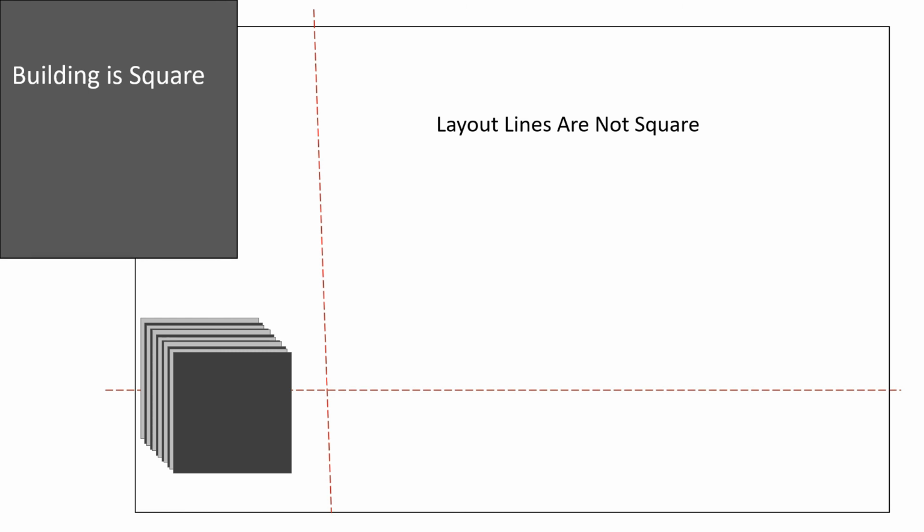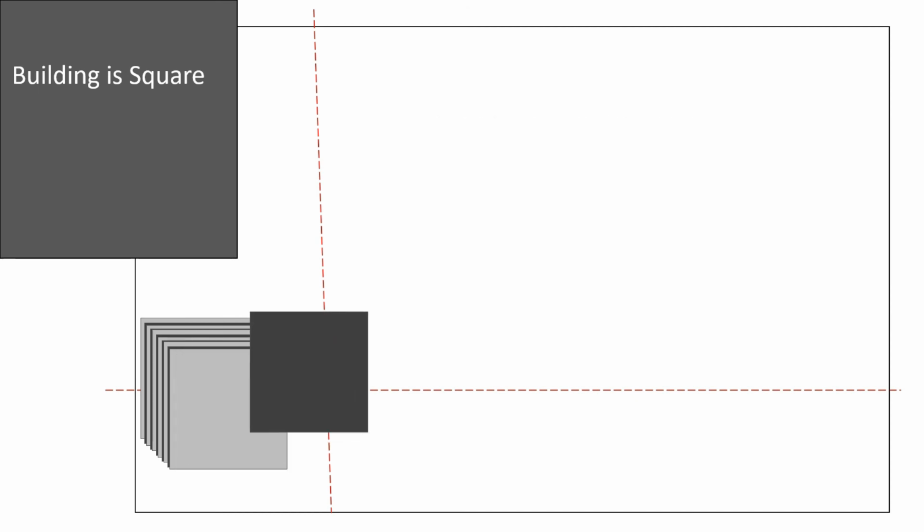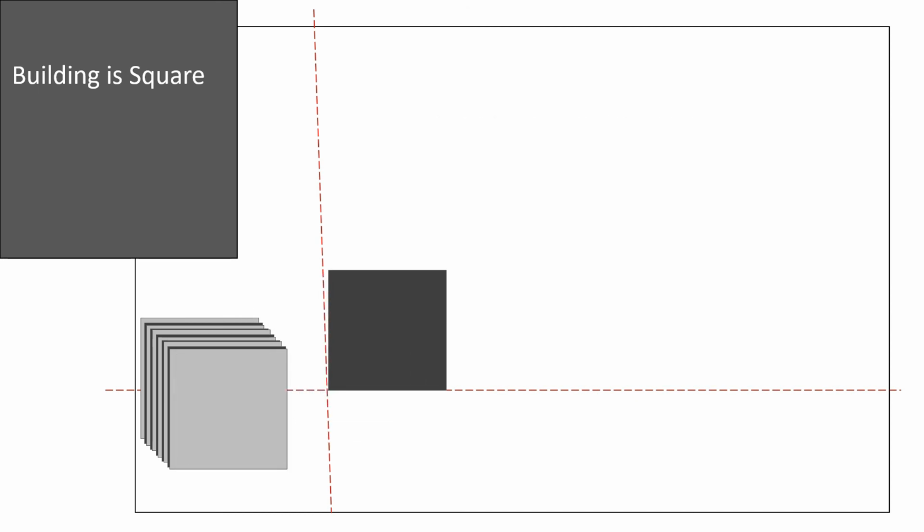Let's say this example here is representing the installation of some floor tile. Here the building is square, but the layout of the lines that have been snapped are not. You start by laying the first tile where the lines intersect.